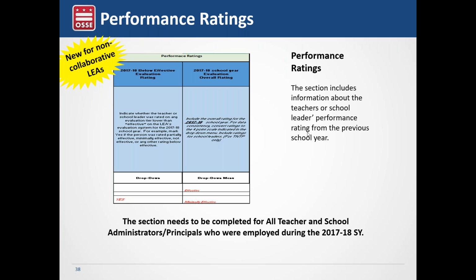Yeah, and I want to clarify too, because this is kind of a new thing for non-staffing collaborative members. This is why it is really important that you leave people on your spreadsheet who left at the end of last year, but who still had effectiveness ratings. So your teachers, your leaders, whoever you determine are your school leaders.